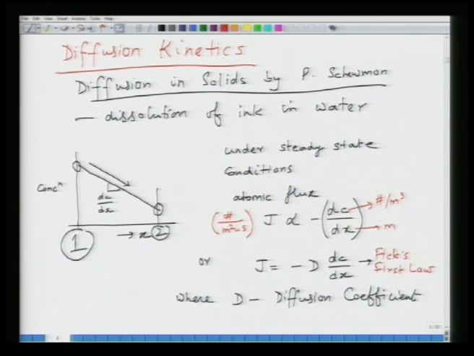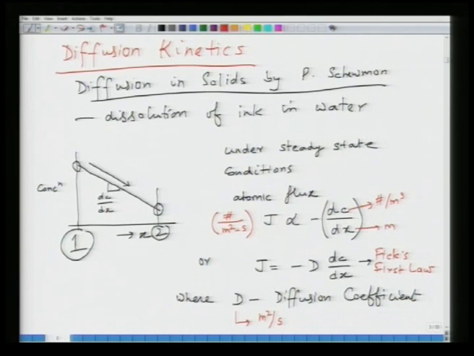So, dC by dx will have a unit of number per meter to the power 4. So, as a result, if you now balance the units, D will have unit of meter square per second.